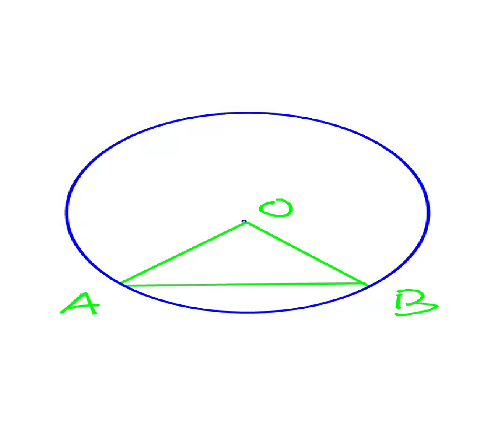This is just an observation question. One vertex would always be the center and the other two vertices would be somewhere on the circle circumference. So which type of triangle will it be?